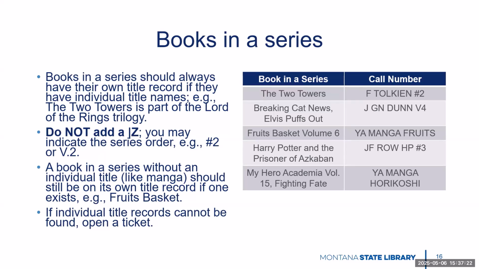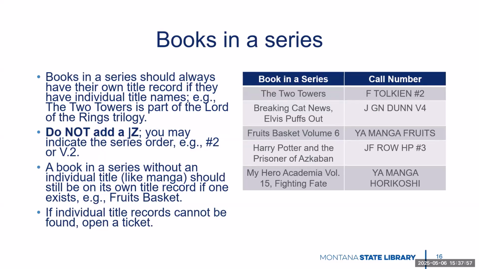And this kind of goes back to it also being more intuitive for our patrons if they're searching the series Fruits Basket and they look that up in the system and they're able to kind of scroll through their list of results and see like cover art for each volume in the series that looks different. They can more easily identify which they're looking for, as opposed to one bit of cover art that applies to however many 20, 30 something volumes.